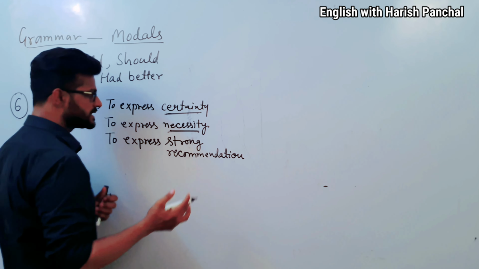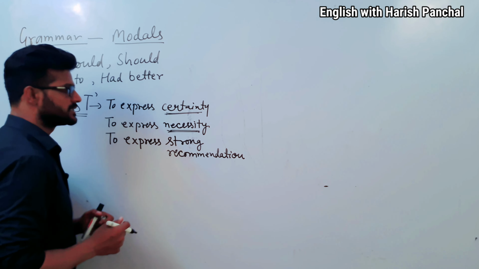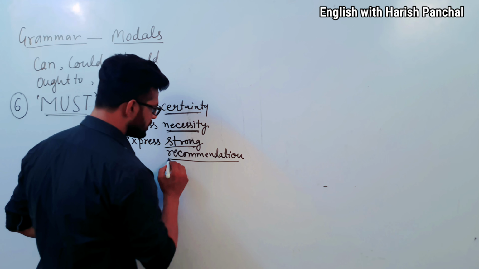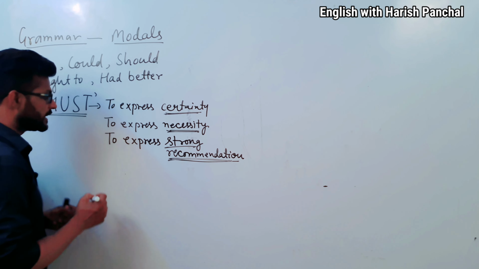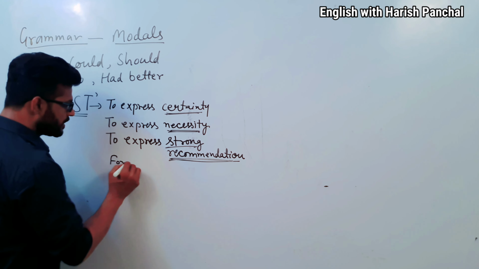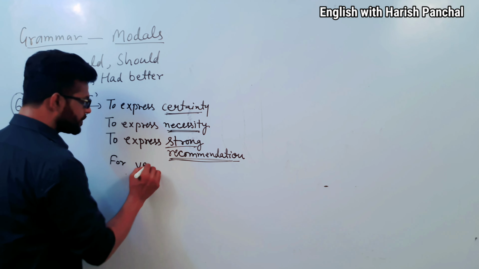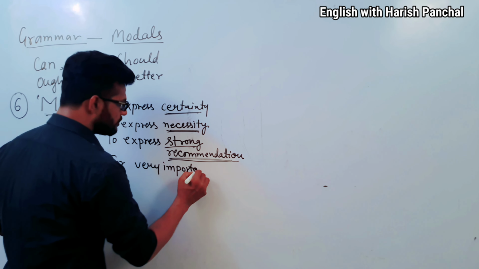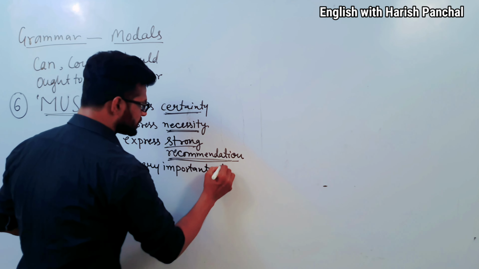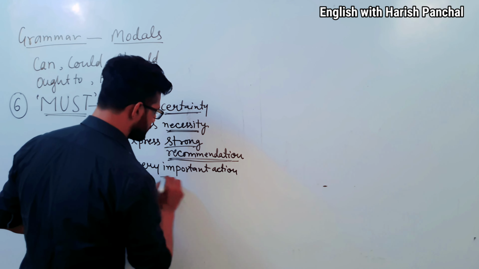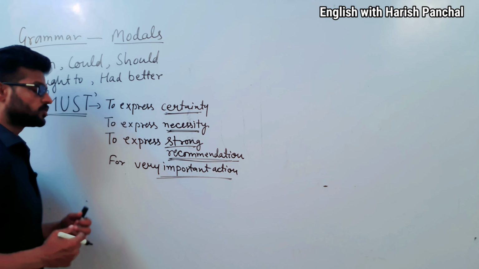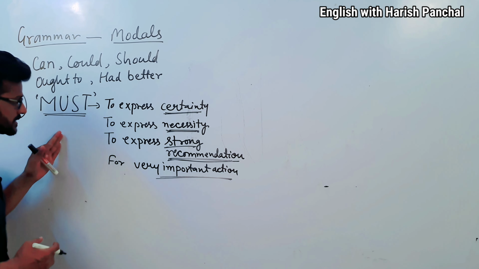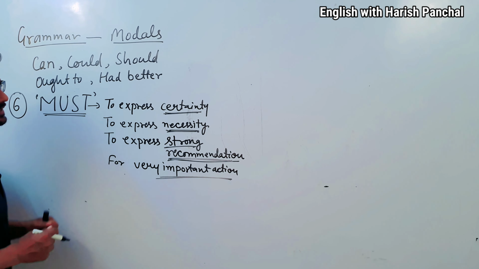First use is certainty, second use is necessity, and the third use is strong recommendation. Generally it is used for very important actions, the actions which you have to do and which are so necessary.